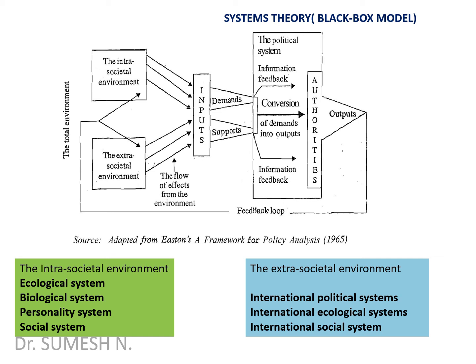The extra-societal environment means the external influences. It may be influence from the international political system, the international ecological system, the international social system. So there may be influence from the intra-societal environment and the extra-societal environment.